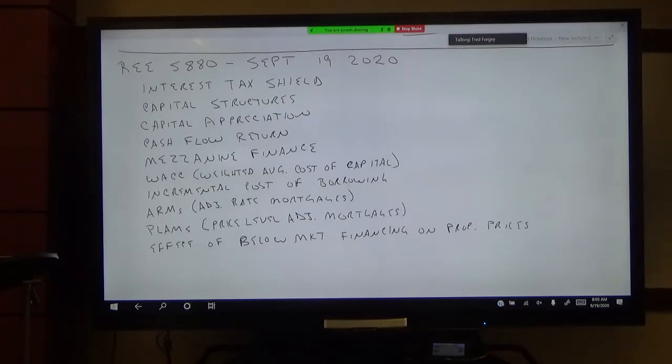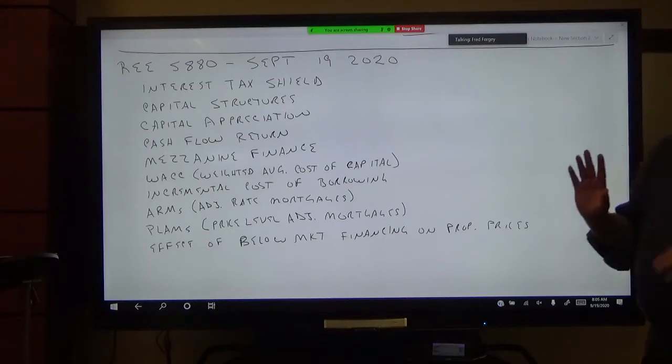Whereas with commercial real estate, that's not the case. For each individual property, you're going to be looking at what your income is, but more specifically, looking at what you potentially can get as an interest deduction. And we're going to be getting into that in much more detail, like I said, in the investments course.